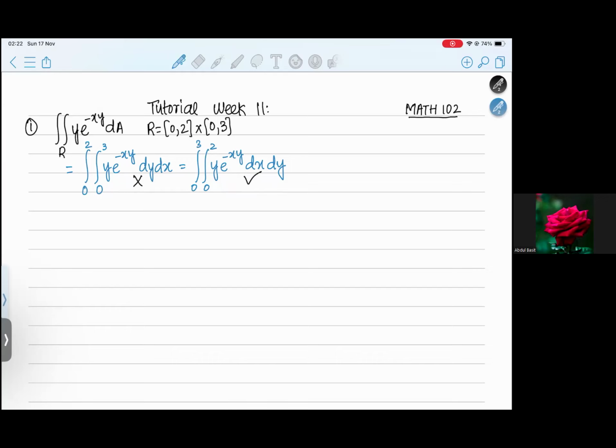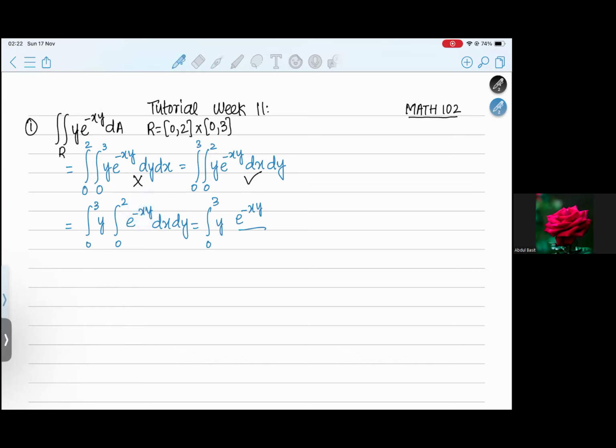I can write the integral as the integral from 0 to 3 of, I can take y outside because it's not dependent on x, y times the integral of e to the power minus xy, which will be e to the power minus xy divided by the derivative of this function with respect to x.